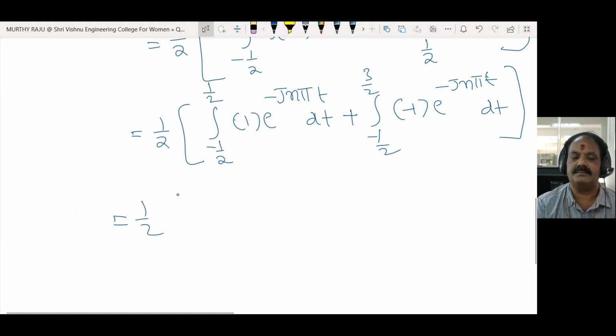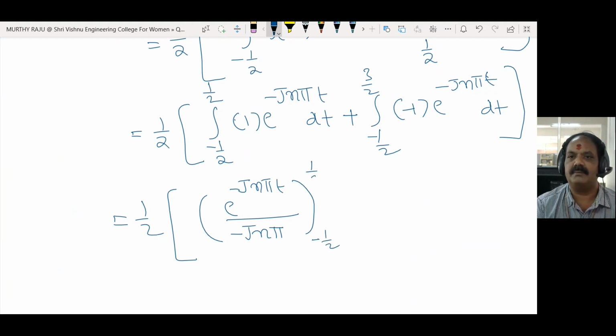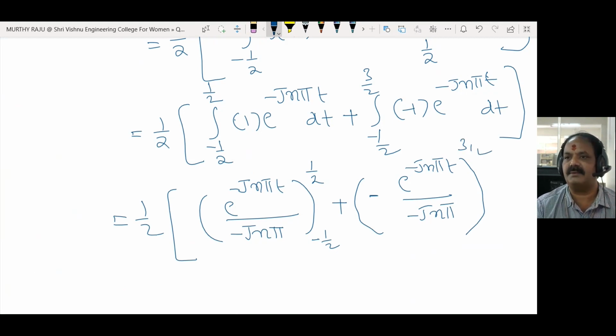That is equal to 1/2 times the integral of e power minus j n pi t, which is e power minus j n pi t by minus j n pi, evaluated from -1/2 to 1/2, plus minus e power minus j n pi t by minus j n pi, with integral limits 1/2 to 3/2. Here the minus signs are cancelled.